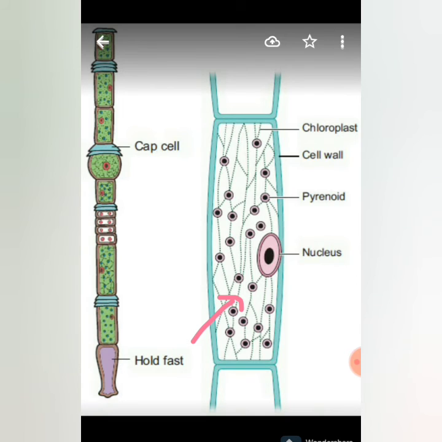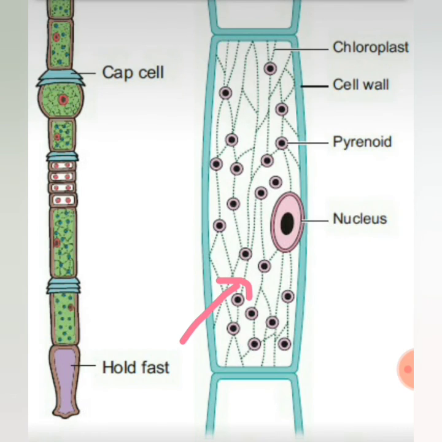Also, the chloroplast is single, large, and reticulate.